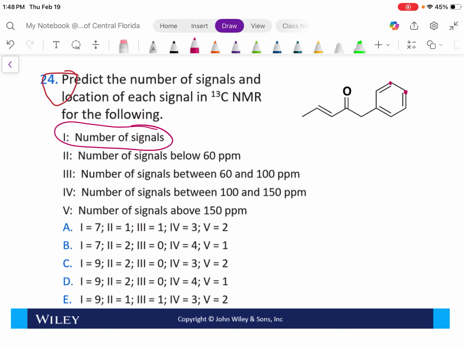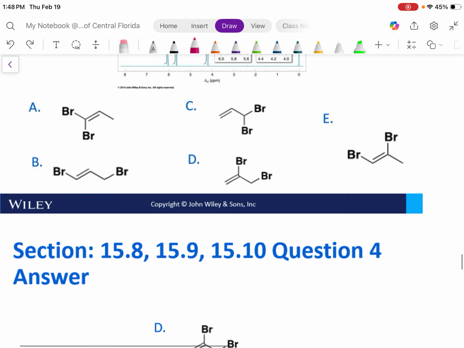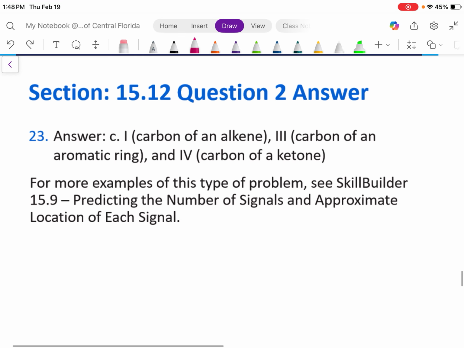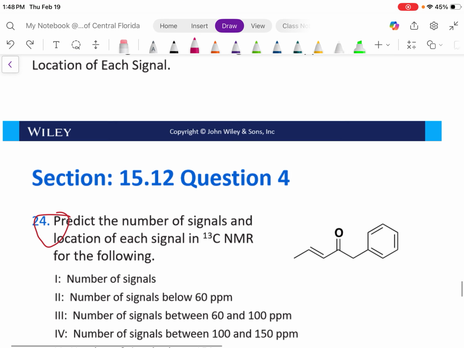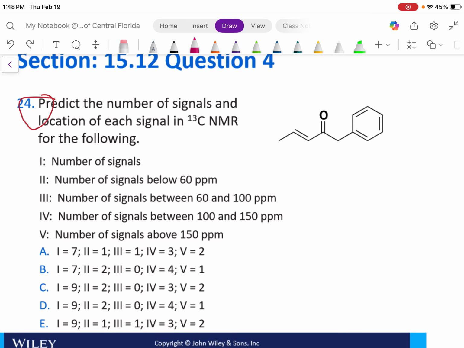Well, maybe we can color code it. Let's do a color. There's 1, 2, 3, because those are equivalent. 4, 5, 6, 7, 8, and 9.